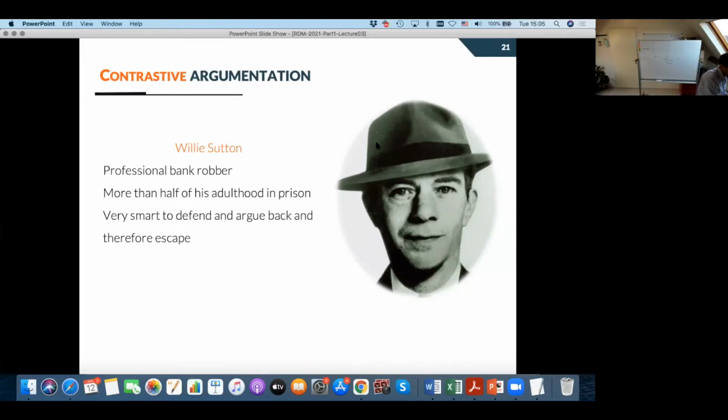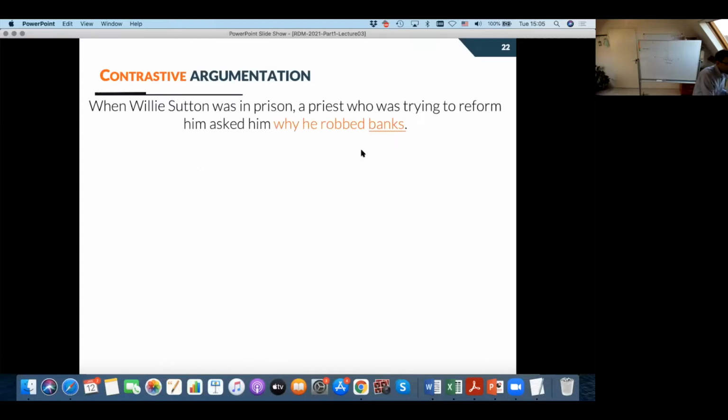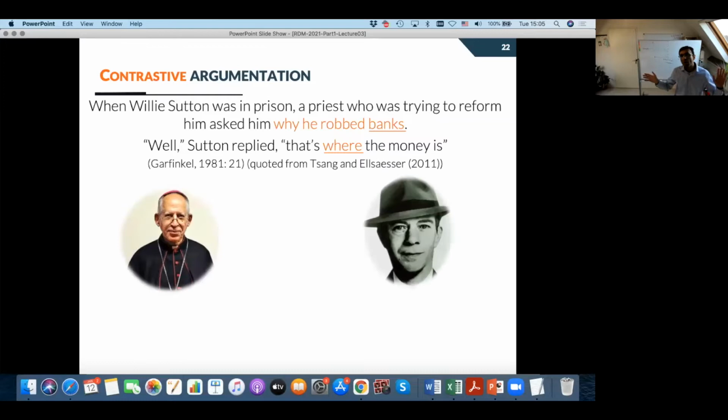In one of the interesting conversations between Willie and one of the priests that were sent to the prison to talk to him, maybe so he can become a good person, the priest asks him, why did you rob banks?